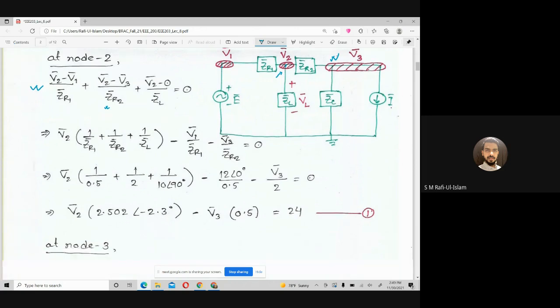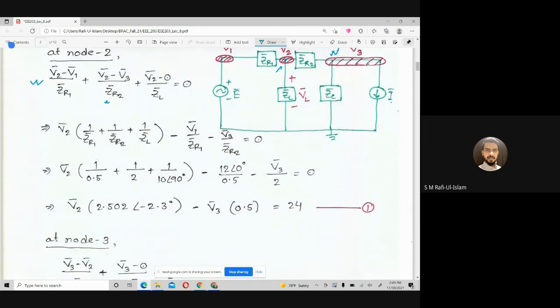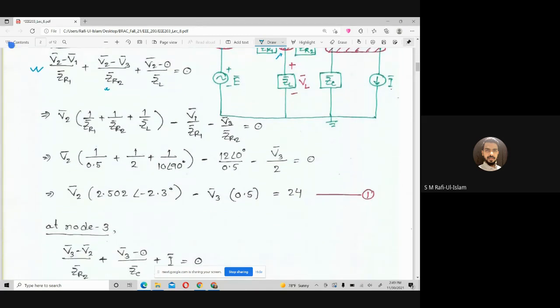Then my target is to reorganize the equation so that it is a function of V2 and V3. We will take out all the coefficients of V2 and V3, and whatever constant value we get, we'll take to the right side. If I rearrange it, it would be something like this.